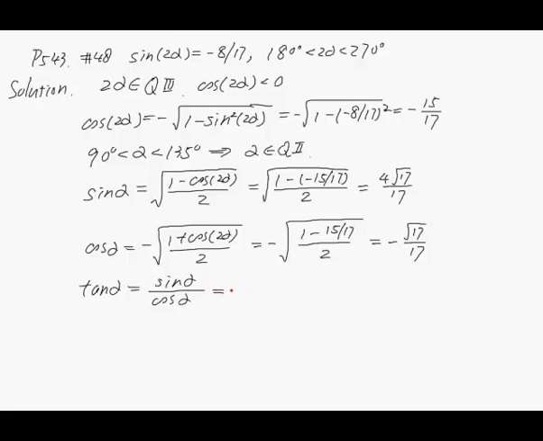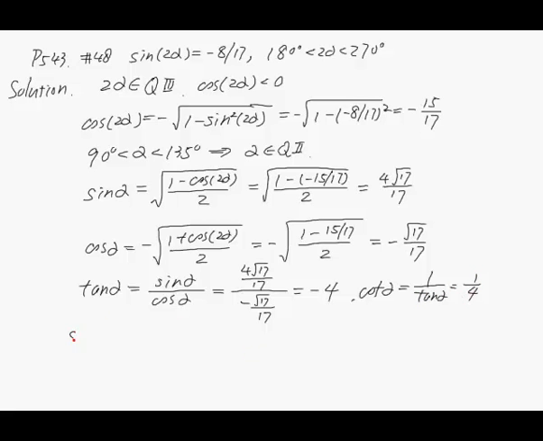And this is equal to 4 times root of 17 over 17 divided by negative root of 17 over 17. So this root of 17 over 17 cancels from the numerator and denominator, then you get negative 4. Then cotangent alpha, which is equal to the reciprocal of the tangent alpha. So you got 1 over 4.